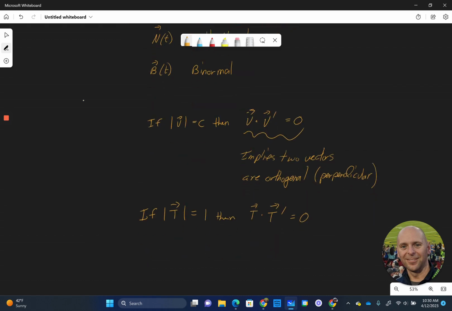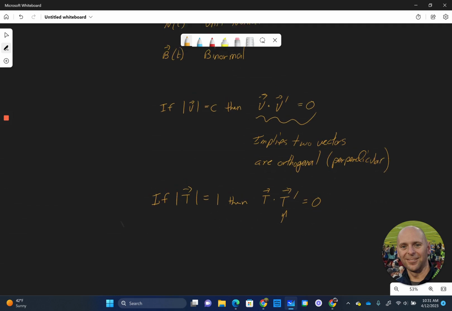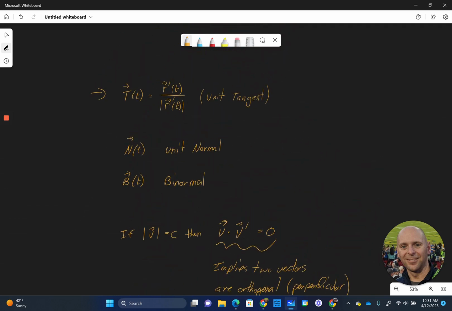So now we have a direct way to find this perpendicular vector simply by taking the derivative of our tangent vector. So we can define our unit normal here now as simply t prime of t. But we do want it to be a unit vector, so we will divide by the magnitude of t prime. And now we have a definition for our unit normal.